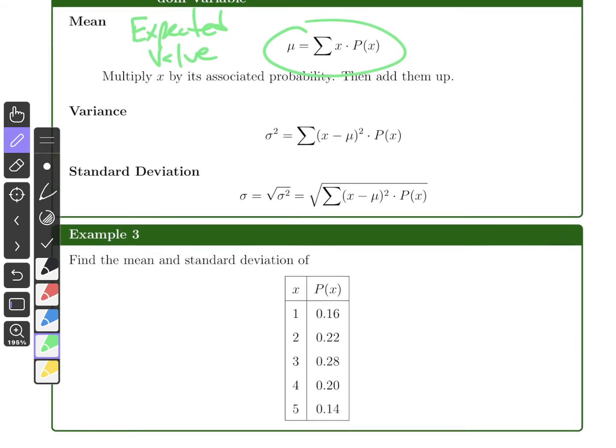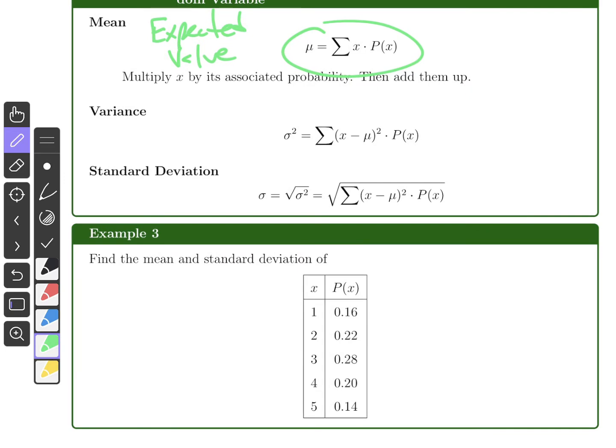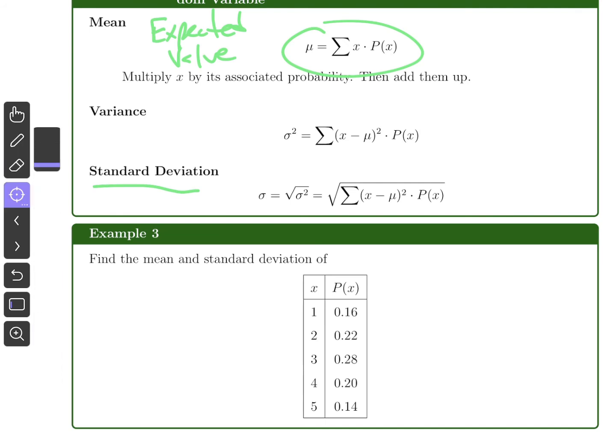And then the variance and standard deviation, you can see that the formulas are not super complicated, but they are pretty tedious to set up the table and all that stuff. So those we may just use the calculator on. But remember, the standard deviation is about the spread. How far away are your outcomes from what you expect them to be?